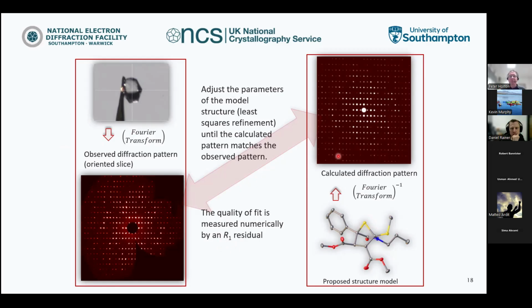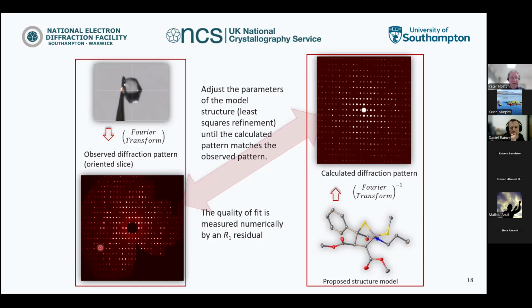So when we're talking about crystal structures, we are talking about crystal structure models and how well they fit. This is mathematical equations. We can propose any model we like, and it will generate a calculated diffraction pattern.